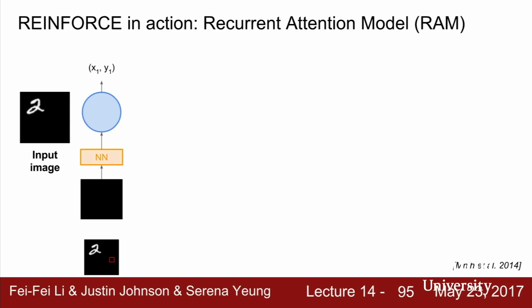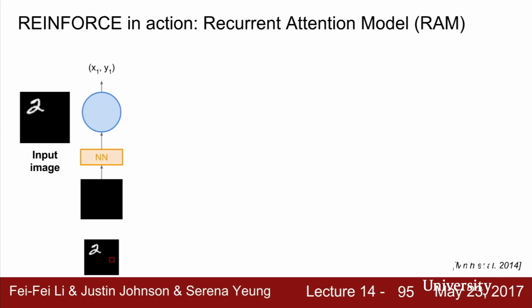In the original experiments that I'm showing here on MNIST, this is very simple, so you can just use a couple of small, fully connected layers, but you can imagine for more complex images and other tasks, you may want to use fancier ConvNets. Right, so you pass this into some neural network, and then remember, I said we're also going to be integrating our state of glimpses that we've seen so far using a recurrent network. We'll see that later on, but this is going to go through that.